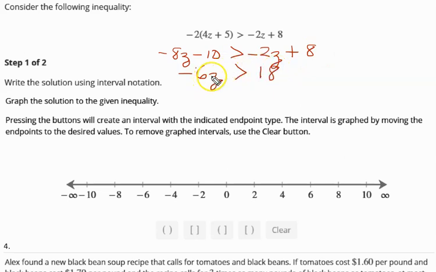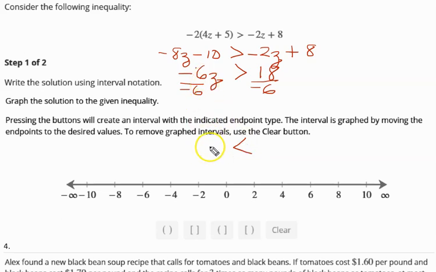Now, again, I'm dividing by a negative to isolate my z, dividing by a negative. So in order to keep this statement true, I have to reverse the direction of that inequality sign.